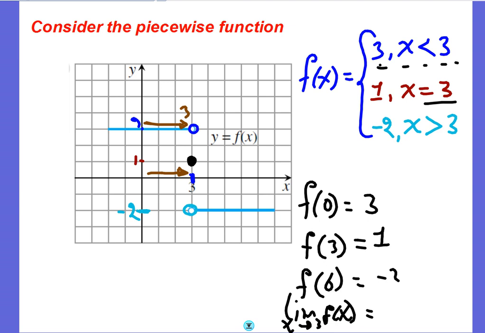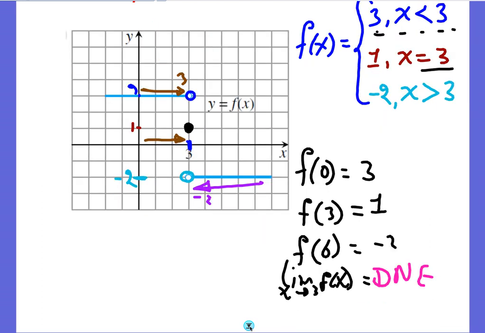And when x is approaching 3 from the right side, f of x is approaching negative 2. So because the left side and the right side limits are not the same, it means this limit does not exist. Does not exist.